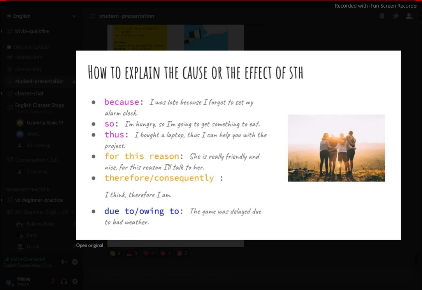The other pair of words are due to and owing to. So we can read the example. The game was delayed due to bad weather. Here we are explaining the cause of the delay, which was bad weather. Next slide.